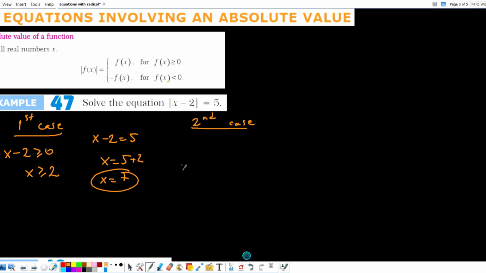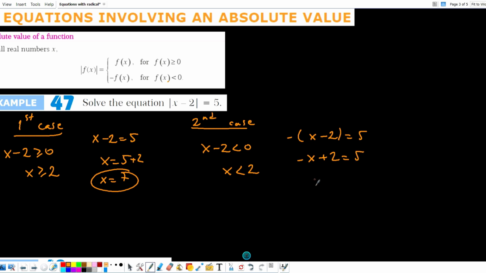In the second case, x minus 2 is less than 0. If it is less than 0, x has to be less than 2. Then, since x minus 2 is less than 0, from the absolute value I'm taking it out with a minus in front of it. So what will be? Minus x plus 2 is equal to 5.